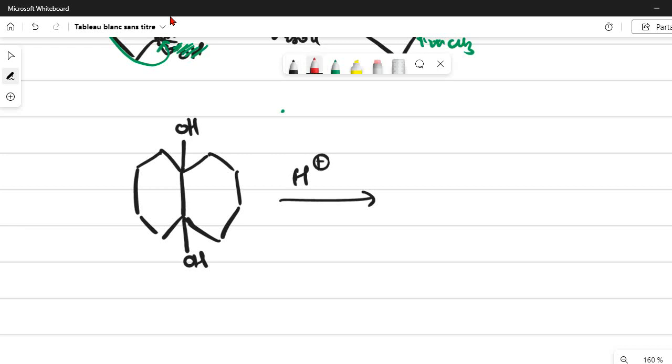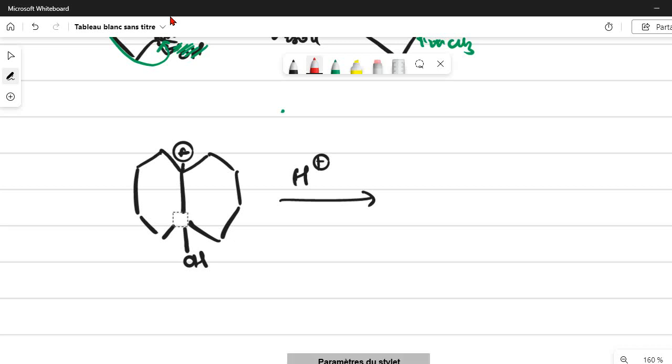Let me write the mechanism, it's going to be easier. This one is going to attack the hydrogen, so water leaves. Here we have nothing, we have a positive charge.